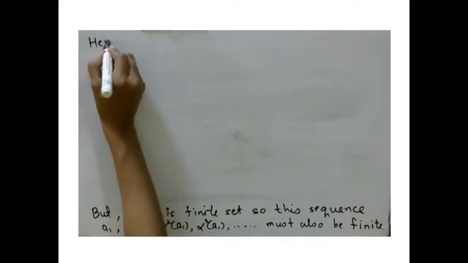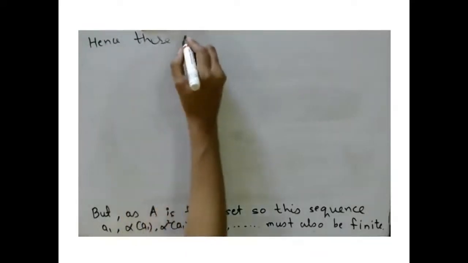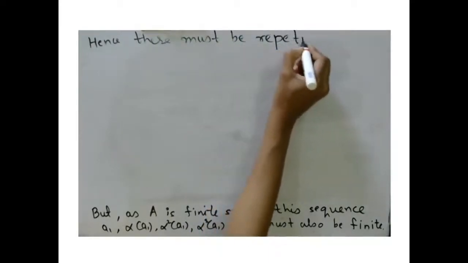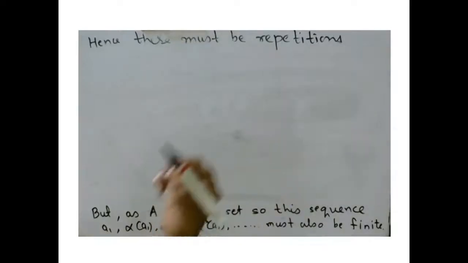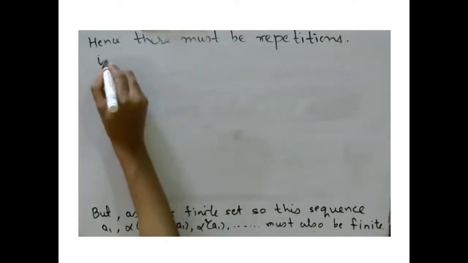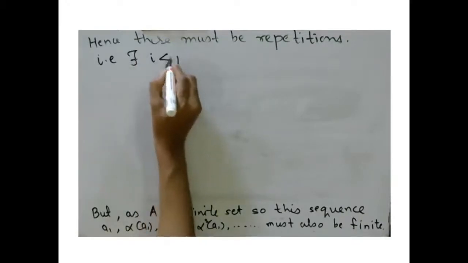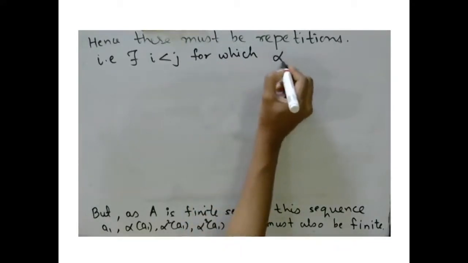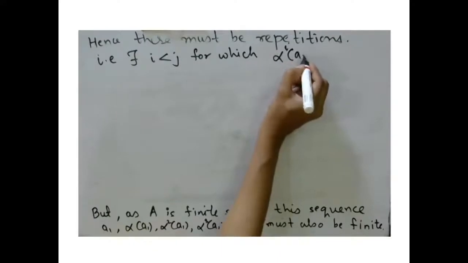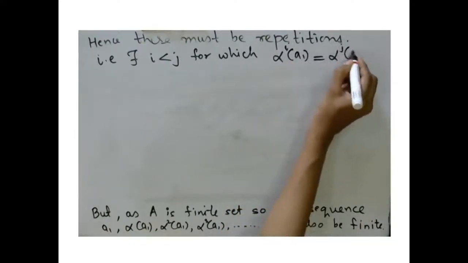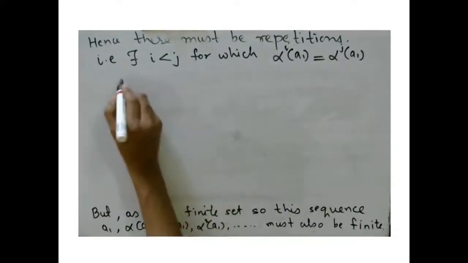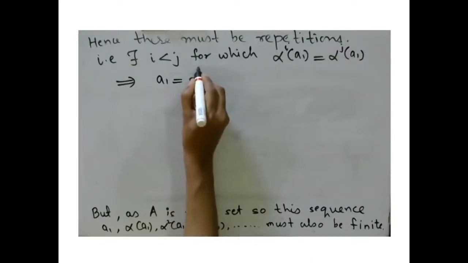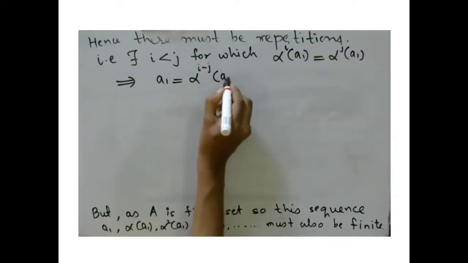Hence, there must be repetitions. That is, there will exist i less than j, for which alpha raised to i of A1 will be equal to alpha raised to j of A1, because the sequence must be finite, and therefore A1 will be equal to alpha raised to i minus j of A1.